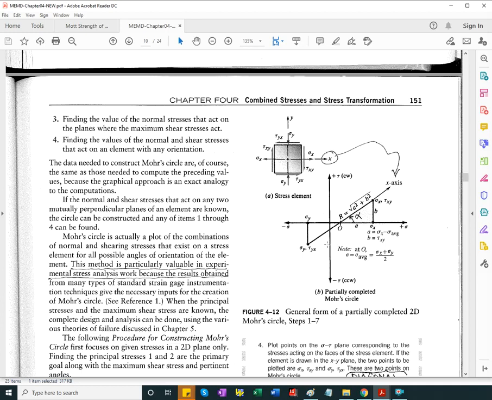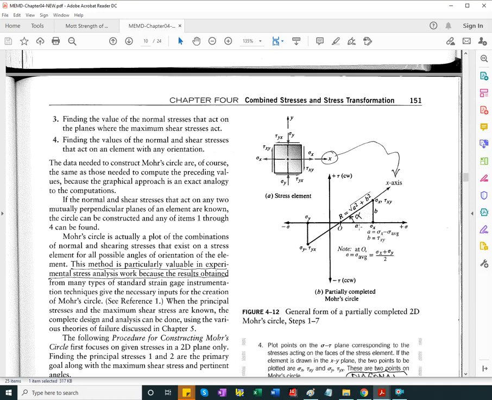Two diametral points correspond to sigma x, tau xy and sigma y, tau yx, which is the negative of tau xy. We can locate these points by moving the amount a, which is sigma x minus sigma average, and then b, which is tau xy.